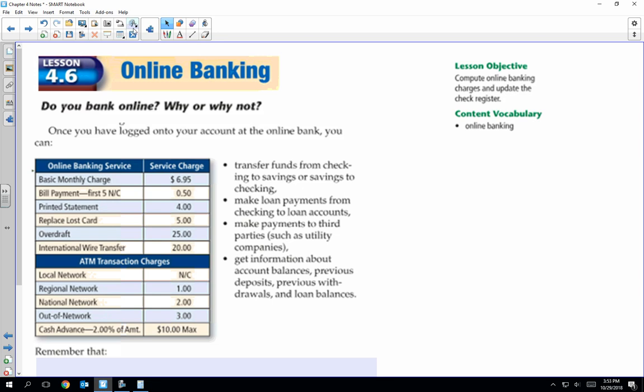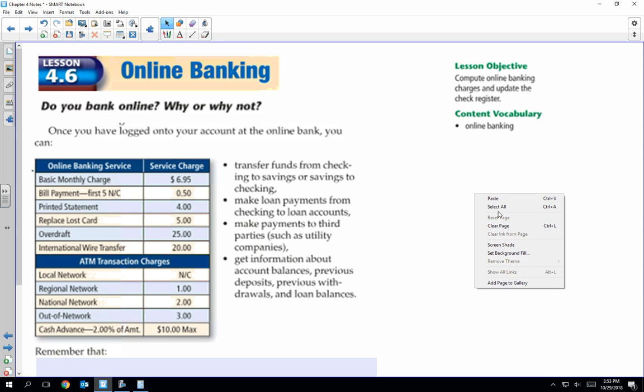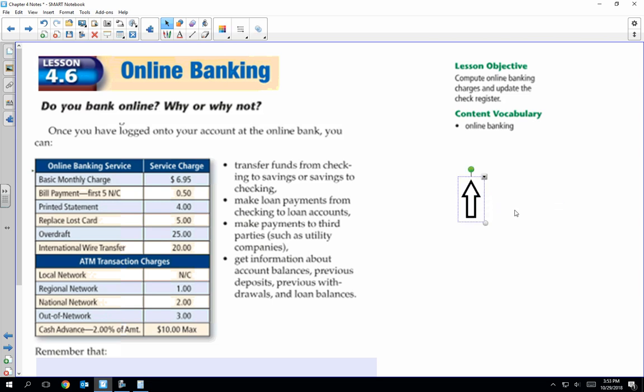So our goal for online banking is that we're going to compute online banking charges and update our check register. We're going to use this information for our next problem. In case you're wondering where these items are coming from, on the next problem, they're going to be from here.